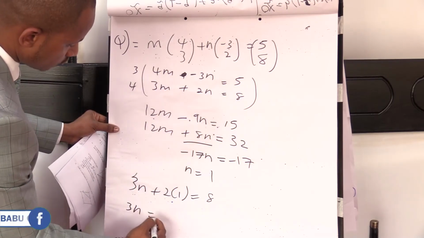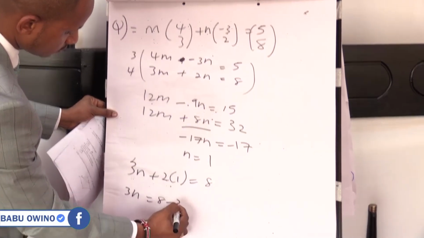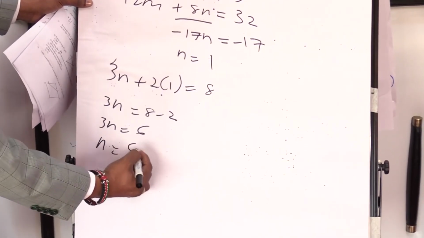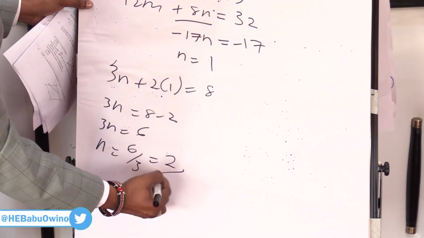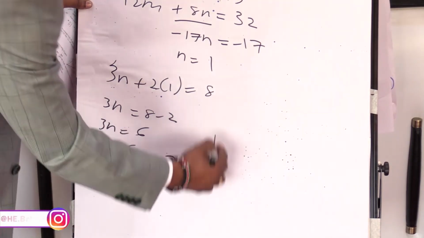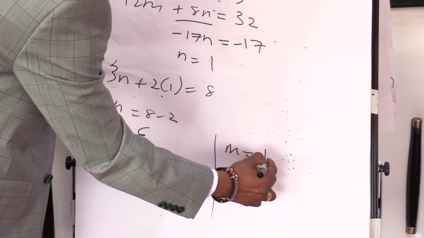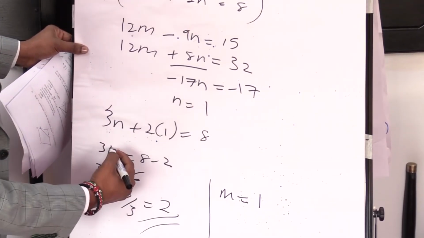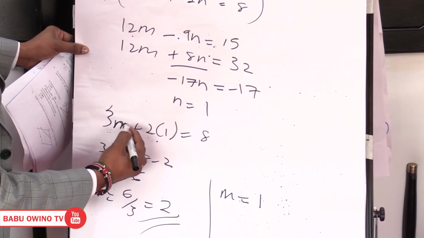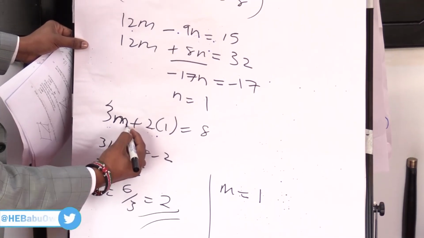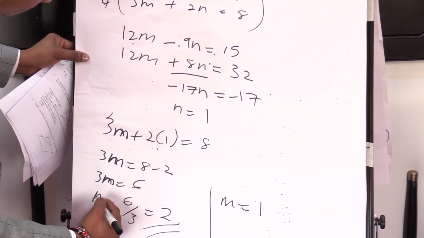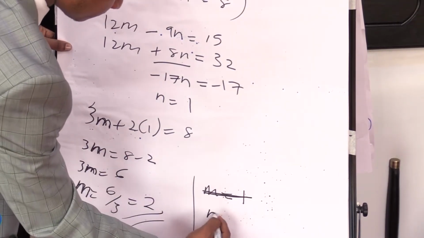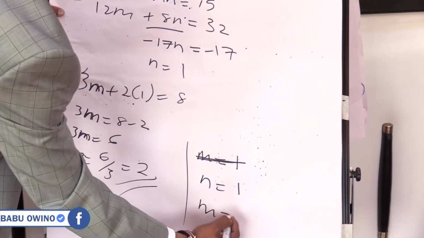So 3m equals 8 minus 2. 3m equals 6. m equals 6 divided by 3, which is 2. So our value for n is 1 and m is 2.